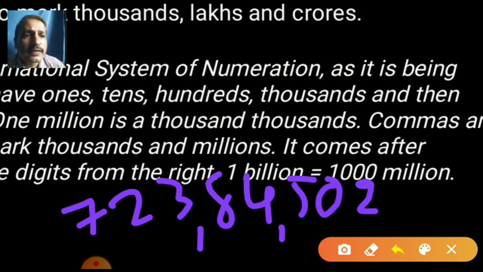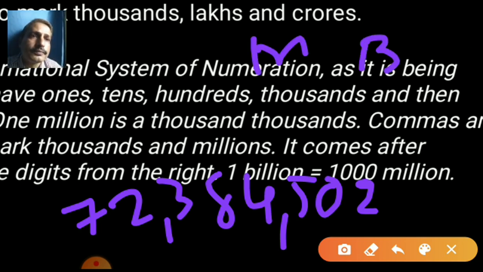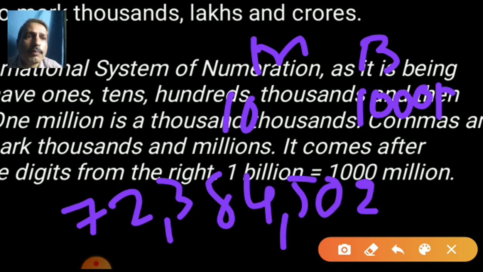But in the international system, they put a comma after every 3 digits. How to read this one? 72,384,502. They use words like million and billion. Million means 10 lakh. And a thousand million makes 1 billion.